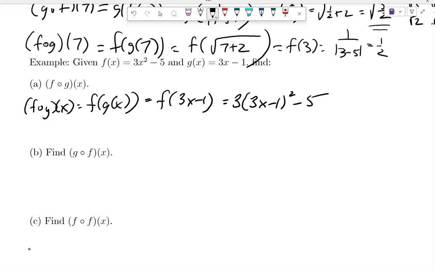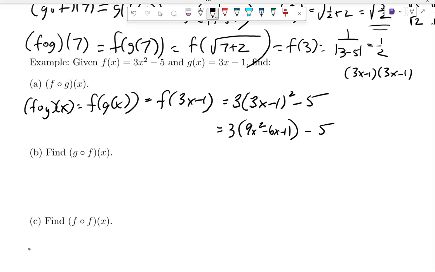We could multiply it out. What do you get when you multiply out 3x minus 1 squared? So I got to multiply it by itself, right? 3x minus 1 times 3x minus 1. Yep, 9x squared minus 6x plus 1.